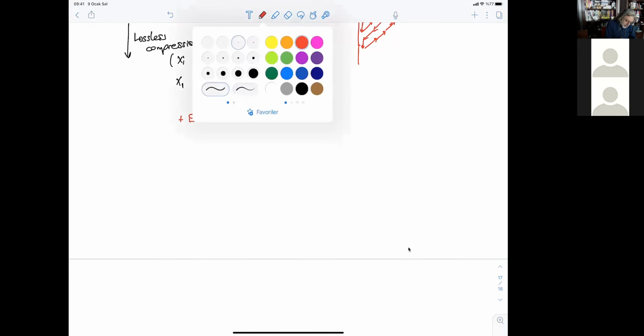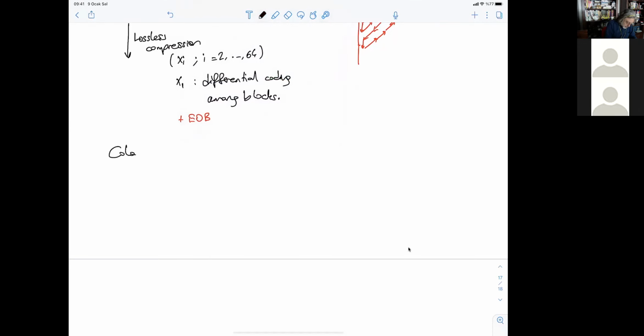For color images, it's a very bad idea to apply the discrete cosine transform based method that I have just explained to the color channels individually, like the red, green, and blue channels.